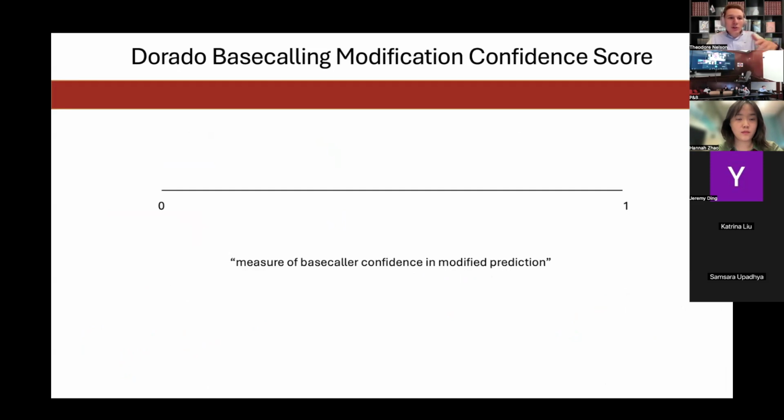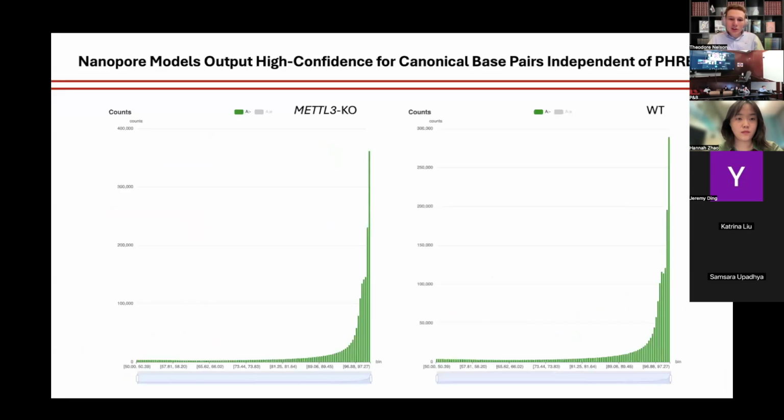And so having the METTL3 knockout and the wild type data, we were able to look at the confidence. If you look at regular adenosines and ask the model how confident it is in the calls it made on these regular adenosines, it looks the same between METTL3 knockout and wild type, which is good. The model is looking at canonical adenosine in both samples the same way.